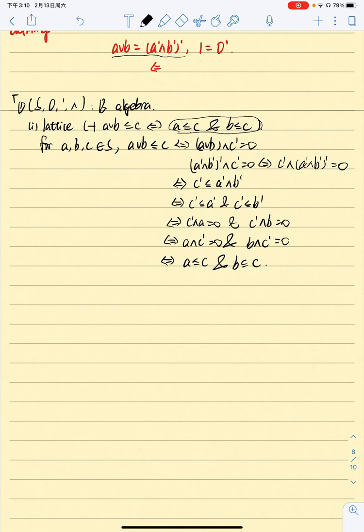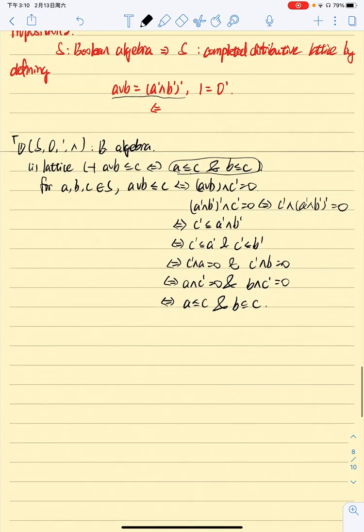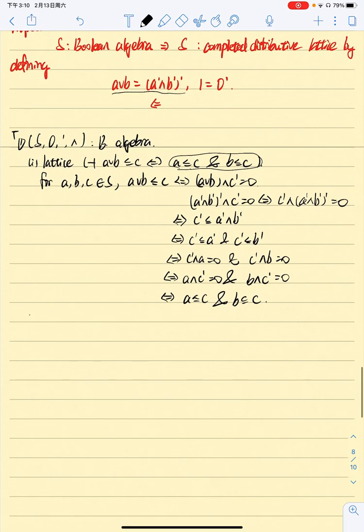And second, we should prove this is distributive. That means we need to show A and (B or C) equals (A and B) or (A and C).